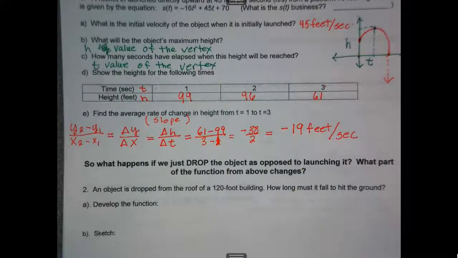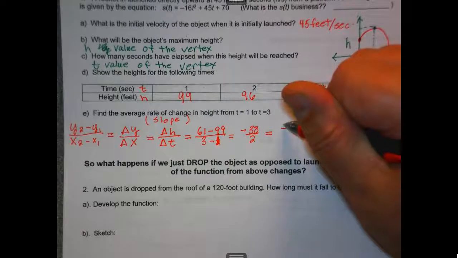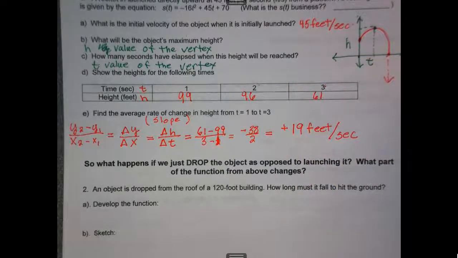I can't. The reason why it's a negative is because it's on that down curve, but its speed is positive. It's like distance, it's got to be a positive. So in actuality, that's positive 19 feet. Now, if you leave it at negative 19 feet, I'm not going to take off. No big.